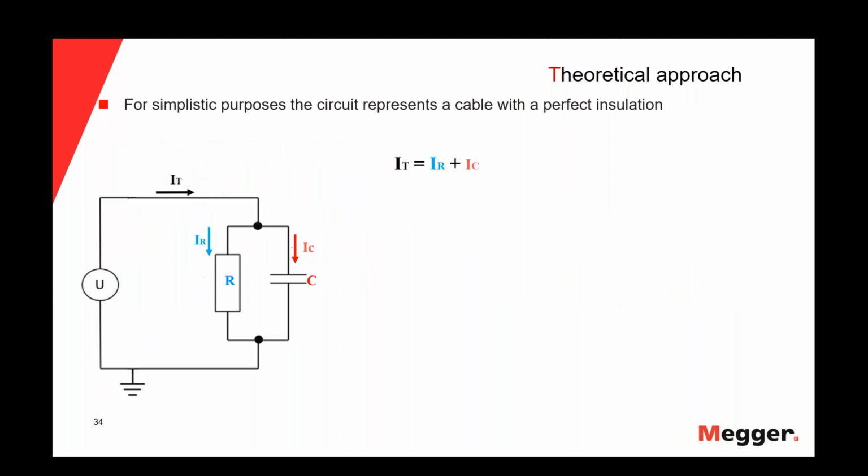So how does the Tan Delta work? I will use a very simplistic way to show you how the Tan Delta works. Let's consider for this example that this circuit represents a cable with a perfect insulation.